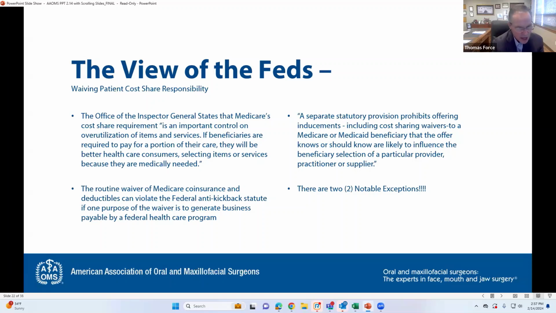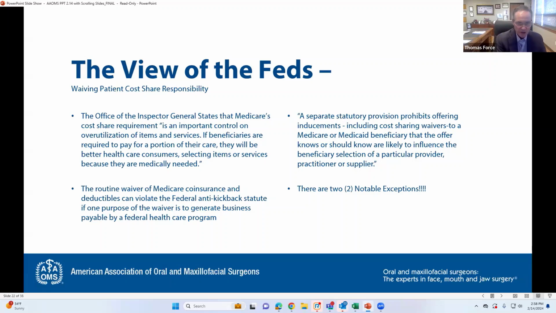If there's overutilization because a cost share responsibility for patients is being waived, Medicare is going to pay more money. So a patient may get 20 services as opposed to 2 per month, that they would ordinarily have because they have a $75 deductible each service. So they're concerned with overutilization of items and services.